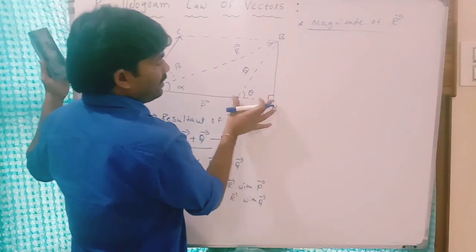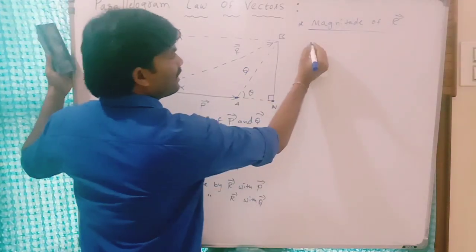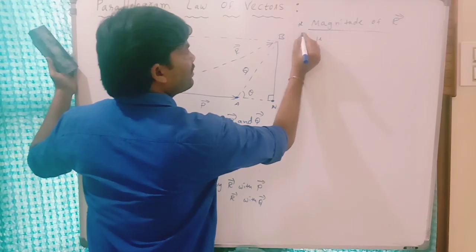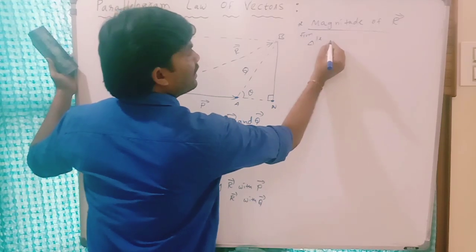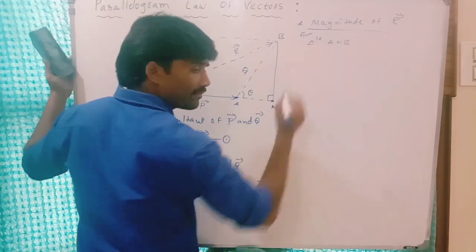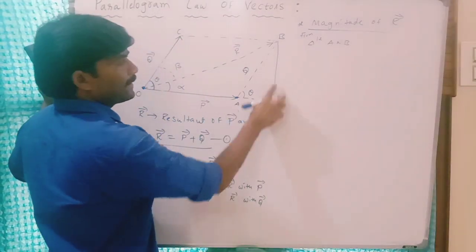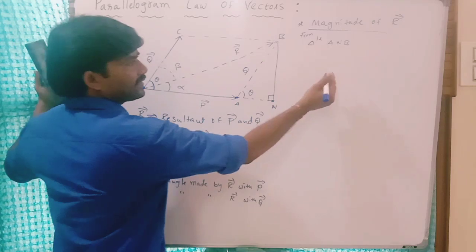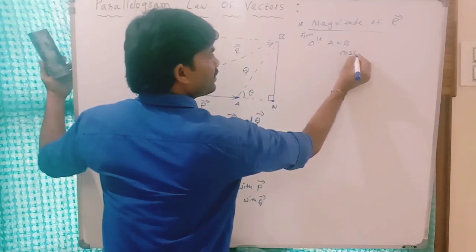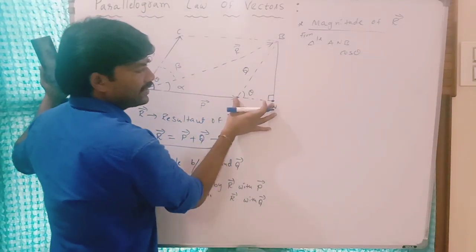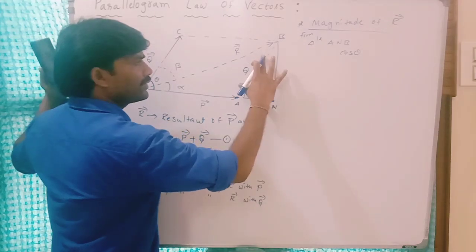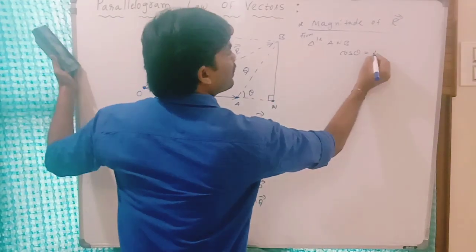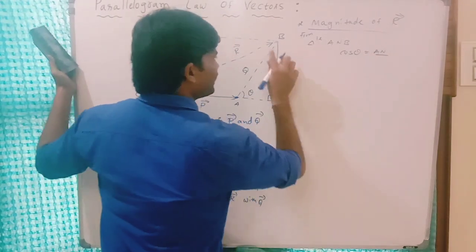So for that, you can see this triangle, triangle ANB. I will write this for this side. Cos theta equals adjacent by hypotenuse. So it gives AN by hypotenuse.